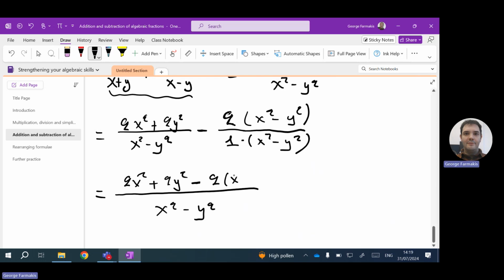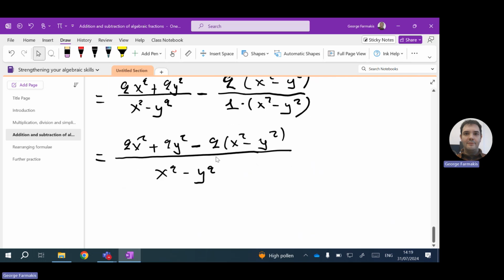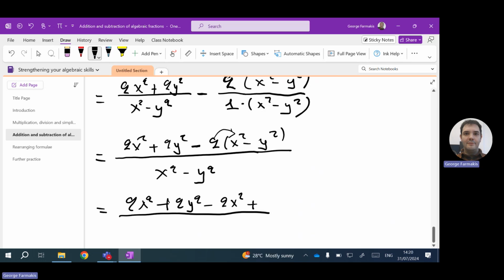Minus 2, like this. Okay, let's do a couple of more steps. So we have 2x squared plus 2y squared minus 2x squared, minus minus plus 2y squared, over x squared minus y squared.